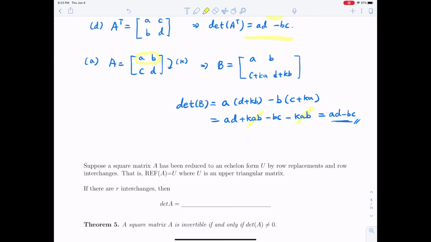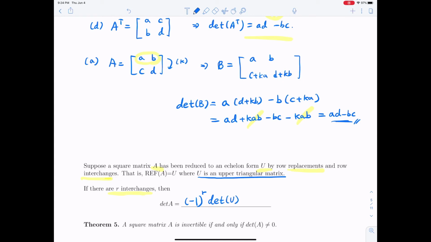So suppose that you have a square matrix A that is reduced to U by row replacements and row interchanges. So then we get an upper triangular matrix, like what we did in the LU factorization. Then if there are r different interchanges, then, since we know that interchanging rows will switch the sign, this will switch the sign r times, and row replacement doesn't do anything to the determinant of the given matrix.